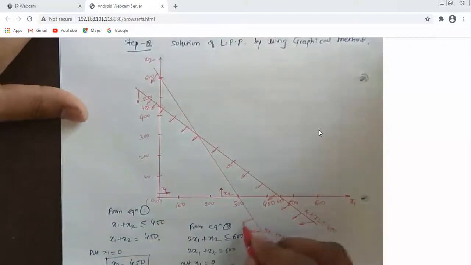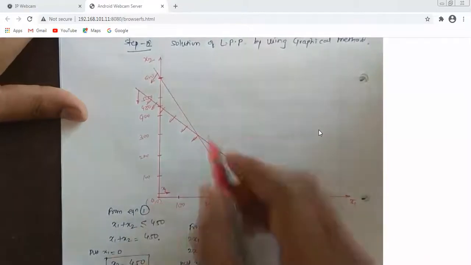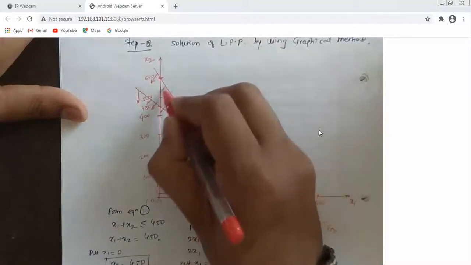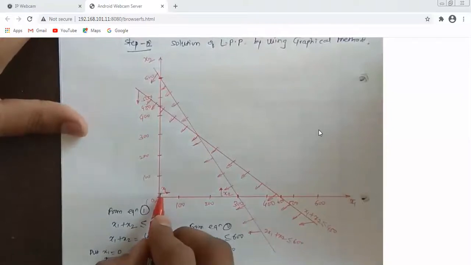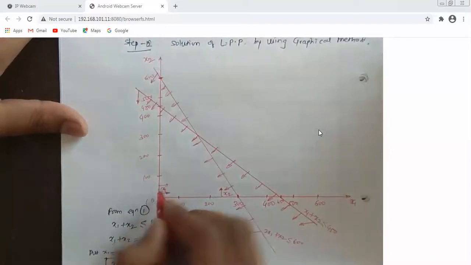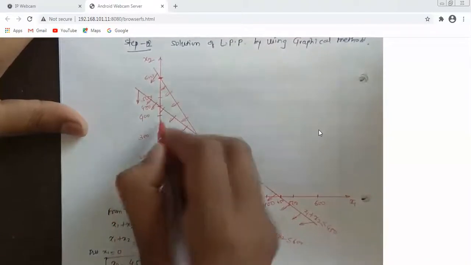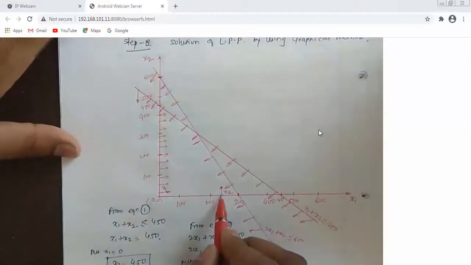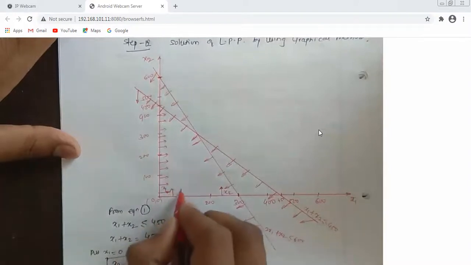So again, I will draw like this, because the solution is towards the origin and our origin is here. So I will draw this kind of lines. Now, what x1 tells: the value of x1 is either 0 or greater than 0. So we can draw like this, up to x2. Okay. Similarly, x2 is either 0 or greater than 0. So you can draw like this.